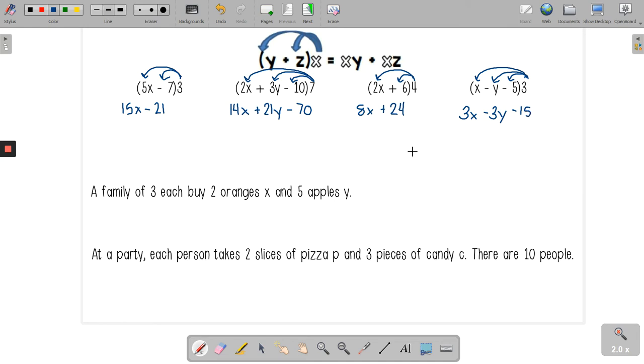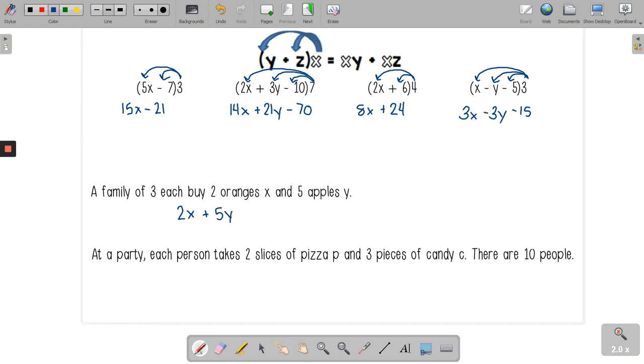Now we have a couple word problems here. A family of 3 each buys 2 oranges x and 5 apples y. So there's a family of 3 and each of them is going to be buying these oranges and apples. So we have 2 oranges, so 2x, and our 5 apples y.